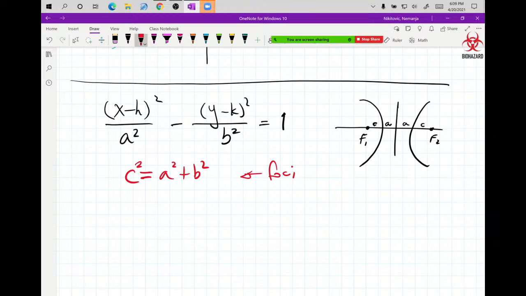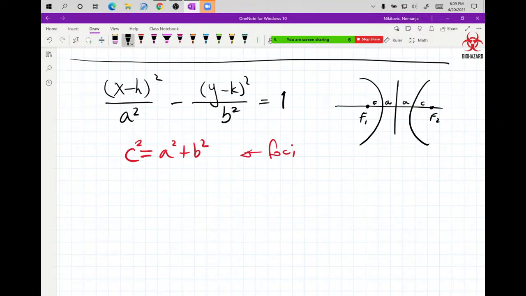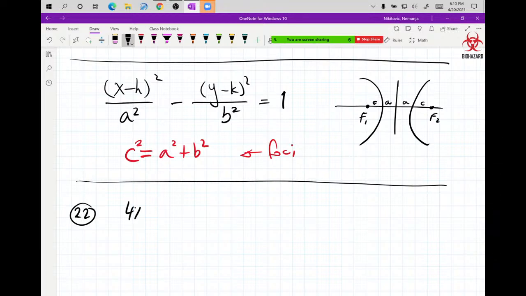So let's take a look at this calculation now and have the graph with not just vertices this time, but also the focal point. And for this I'm going to jump into homework and pick up one of these equations that you guys have. Here's a good one, 22. It says 4x squared minus 25y squared equals 100.